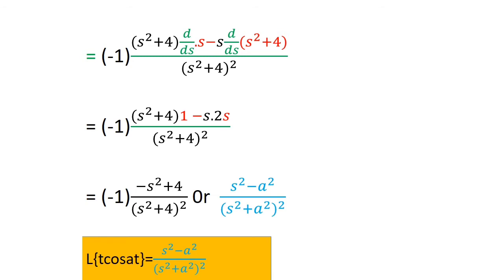Here we derive the formula for Laplace transform of t cos at. If we take a equal to 2, we get s square minus 4 upon s square plus 4 whole square.